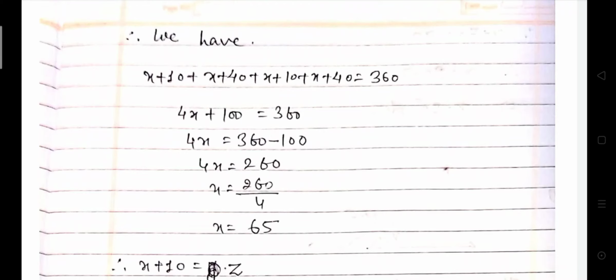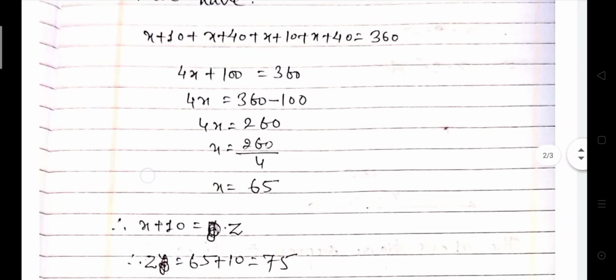Then applying the transposition method, we get 4x is equal to 360 minus 100, or this implies 4x is equal to 260, and this implies x is equal to 260 upon 4, because 4 is multiplied with x, so when 4 goes to the right hand side it becomes divided, and we get x is equal to 260 upon 4, or this implies x is equal to 65.